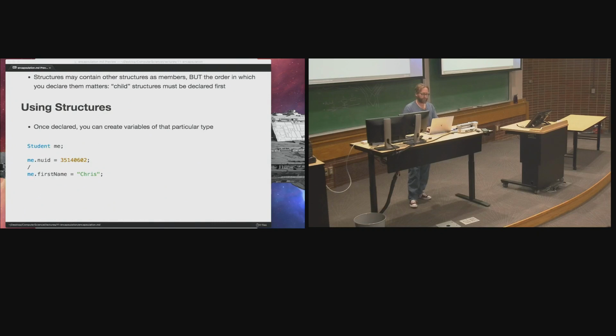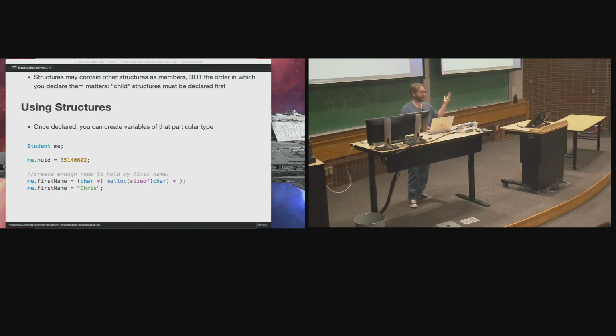So let's go ahead and create enough room to hold my first name. How do I do that? Well, I need to call malloc. Me.firstname is equal to a call to char star malloc, size of char times, and how many characters am I going to need here?